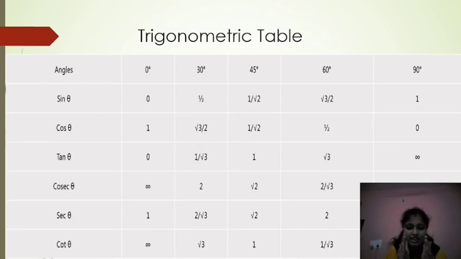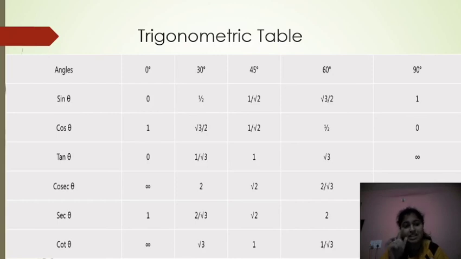If you see sine 30 and cos 60, both values are the same, that's 1 by 2. Similarly, sine 45 and cos 45 are both the same, 1 by root 2, and sine 60 and cos 30 values are the same, that is root 3 by 2. So the values work diagonally, so it will be easier for you to mug up the values of these fixed angles which have been found out.